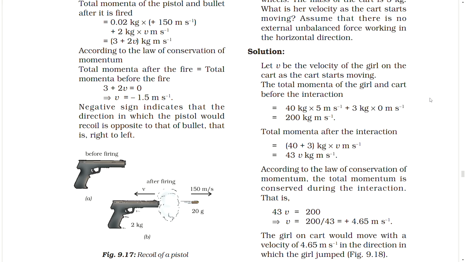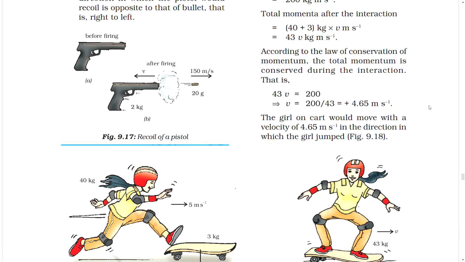According to the law of conservation of momentum, the total momentum is conserved during the interaction, that is, 43v equal to 200, which implies v equal to 200 by 43 equal to plus 4.65 meter per second. The girl on the cart would move with a velocity of 4.65 meter per second in the direction in which the girl jumped.